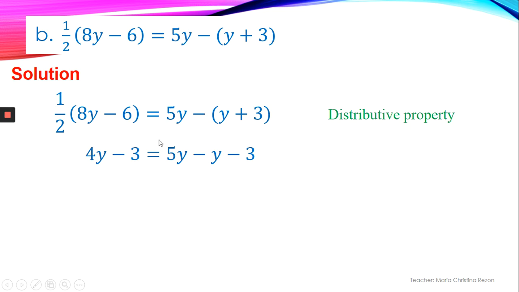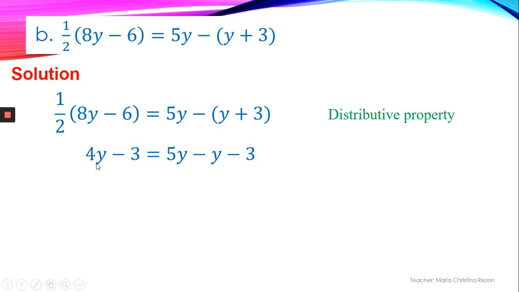Then is equal to 5y, negative y, a negative sign before a grouping symbol. That means that everything in the grouping symbol will be multiplied by negative 1. So you will have negative y, and positive 3 becomes negative 3.